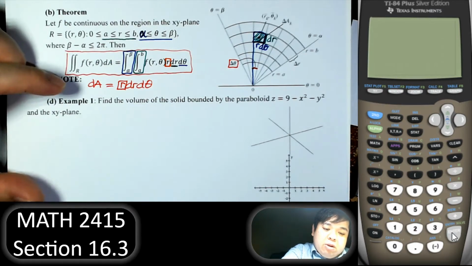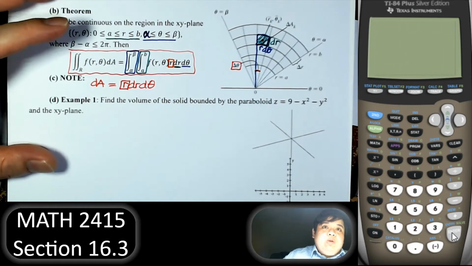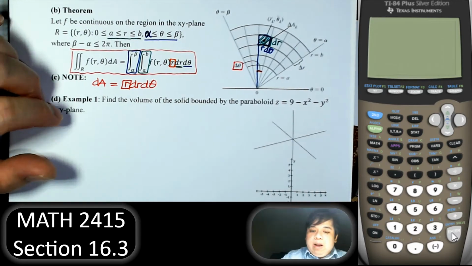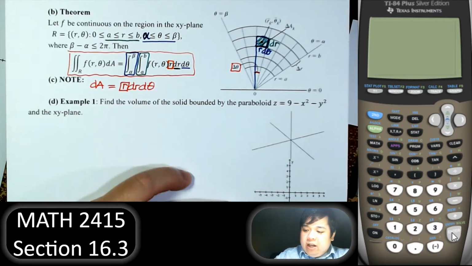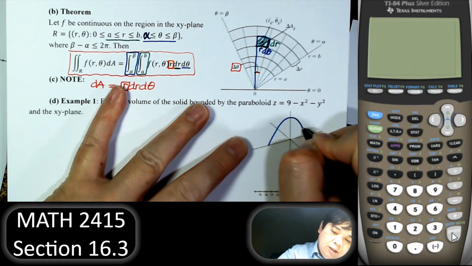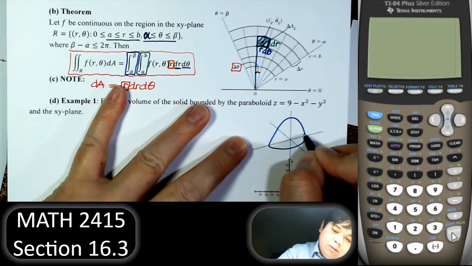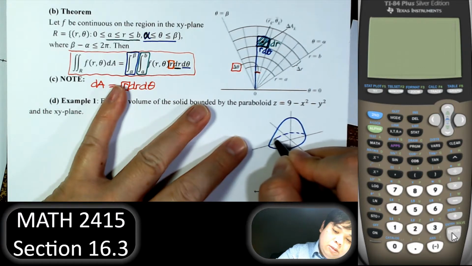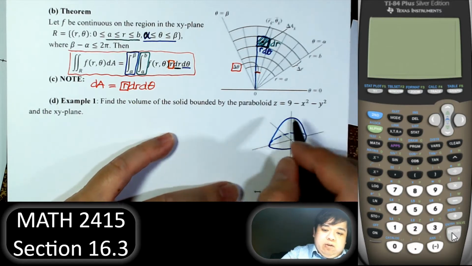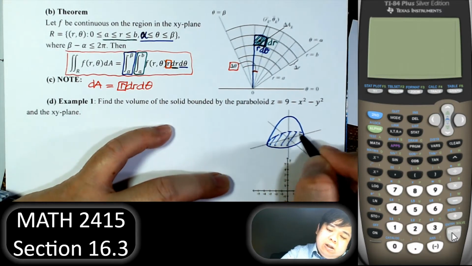Let's just look at the first example. Find the volume of the solid bounded by the paraboloid and the xy plane. So pretty much we find the volume below the function 9 minus x squared minus y squared. The graph of that is the paraboloid. So we have the paraboloid like that, and we find the volume below it but above the xy plane.